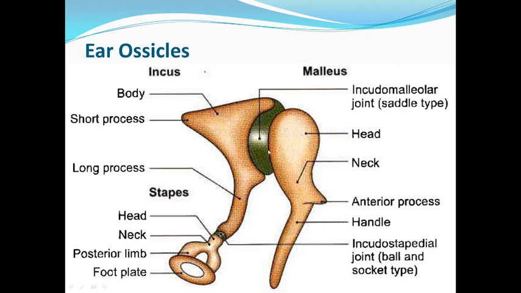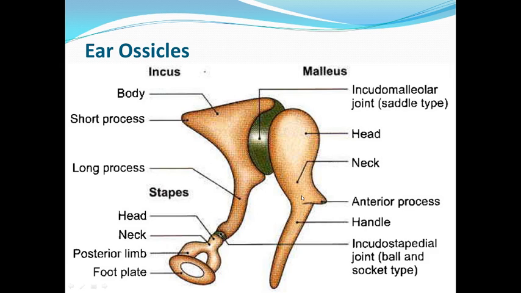So this rounded head of the malleus lies in the epitympanic recess and it is articulating posteriorly with the body of the incus. Yes, this is the body of the incus and the head of the malleus is articulating with it posteriorly. Now talking about the second part, this is the neck.